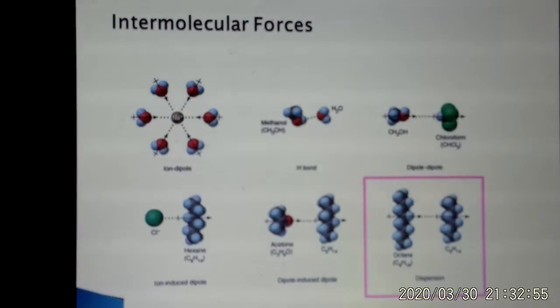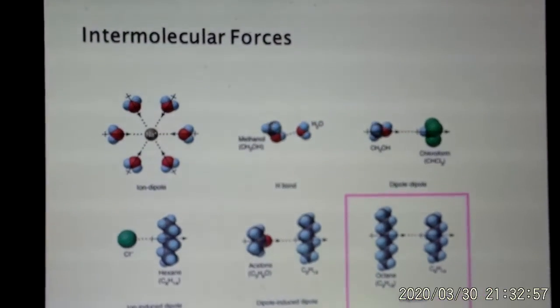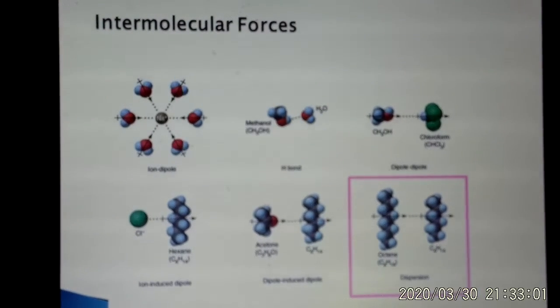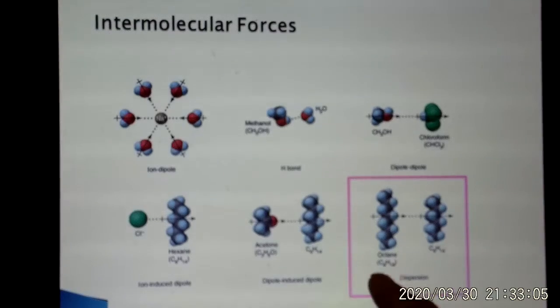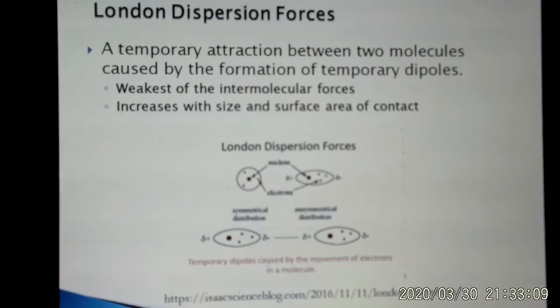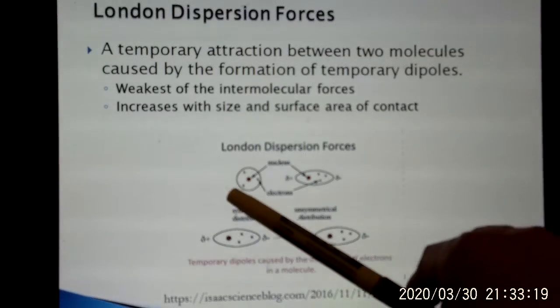Okay, so what we're looking at for dispersion forces is basically temporary dipole interactions. So it's a temporary attraction between two molecules, and it is caused by the formation of a temporary dipole.